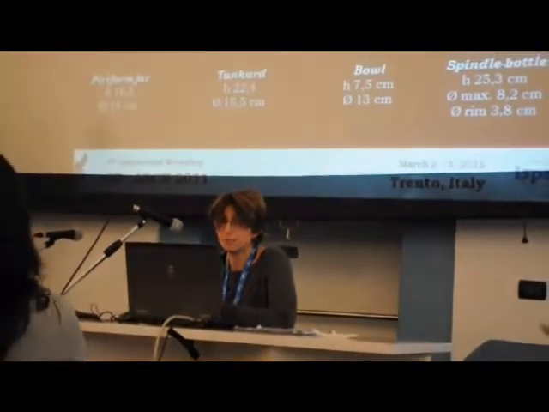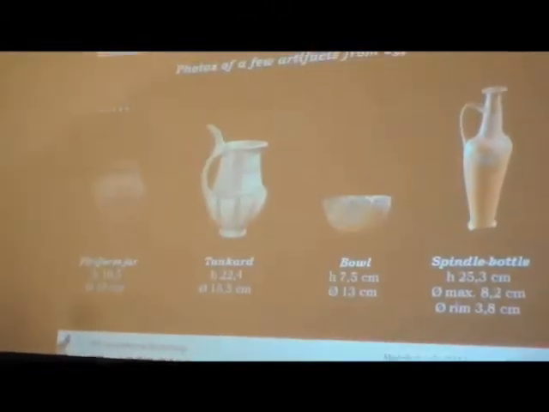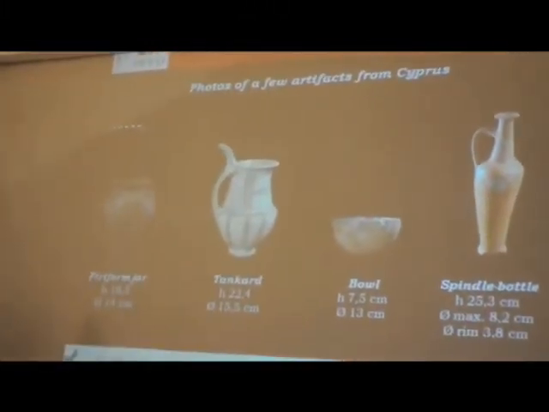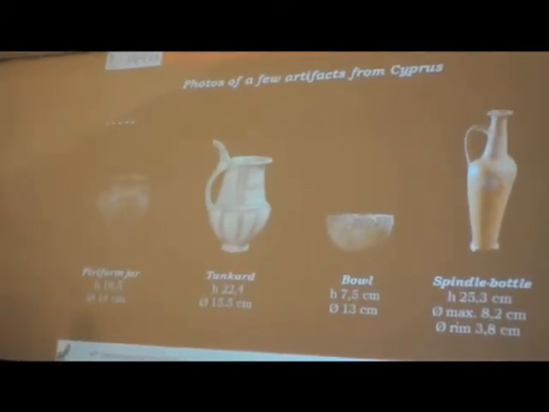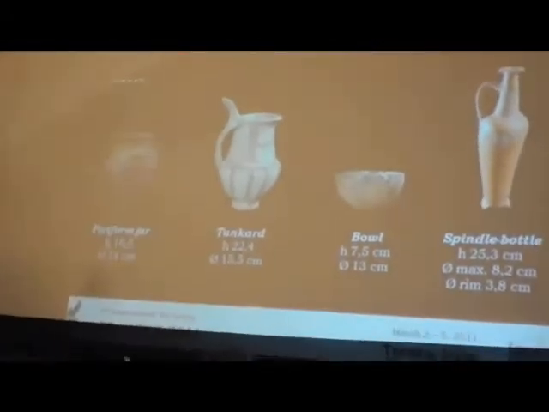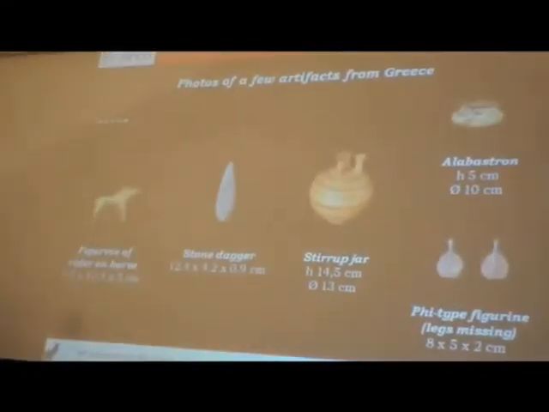So let's have a sense of what the chosen artifacts look like. There are various kinds of pottery, of ceramic pottery made on wheel by hand. Hand-modeled terracotta figurines, as you can see there.